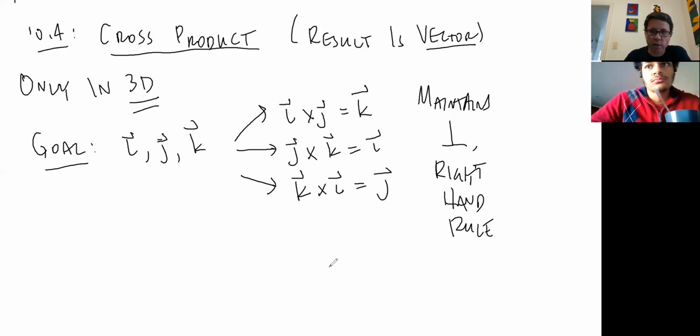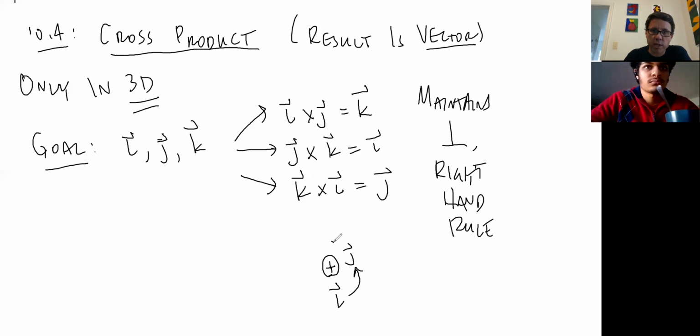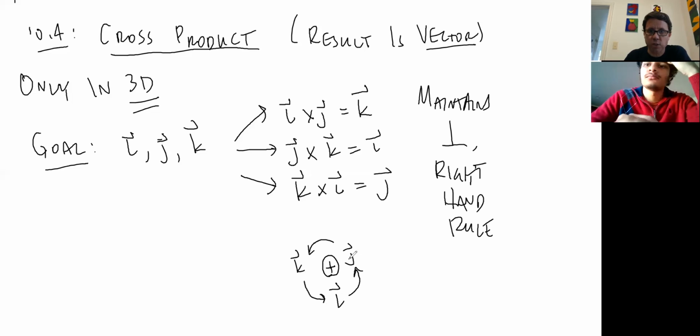And the little shortcut for this is, usually put like a little plus in the middle: if you went from i and crossed it with j, you would get k. If you went from j and crossed it with k, you'd get i. And if you go k and cross it with i, you get j.